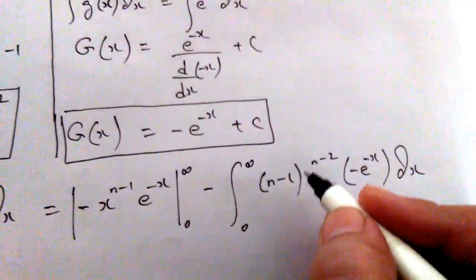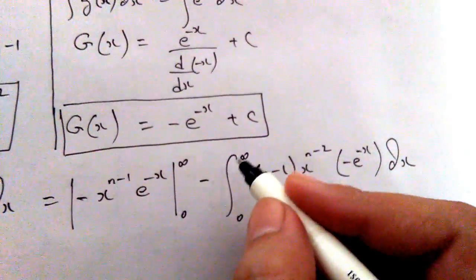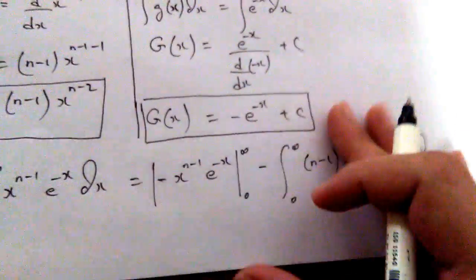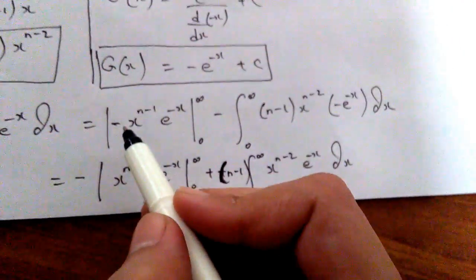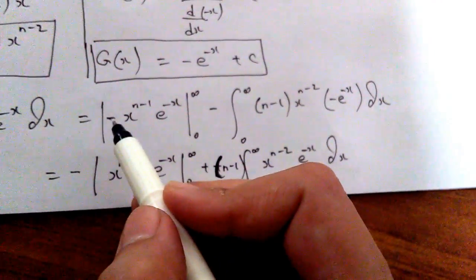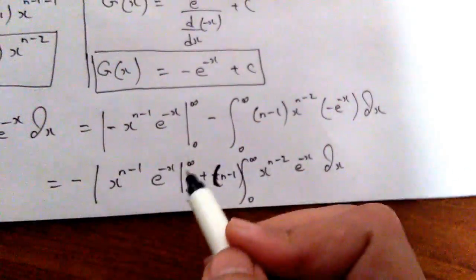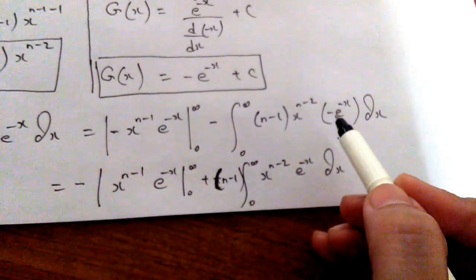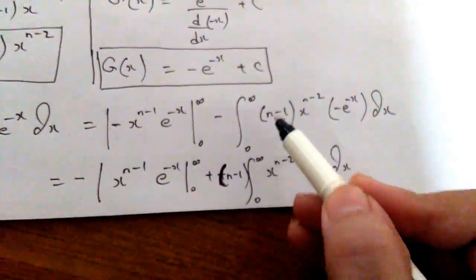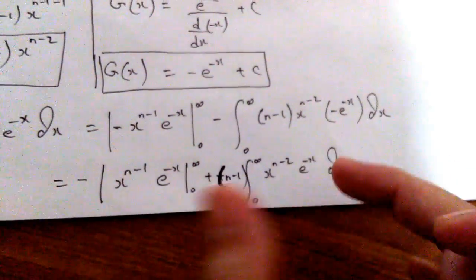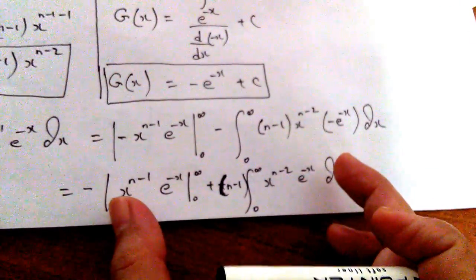And this is a constant value, so it is going to be written outside this integral. I have just placed this negative sign outside the mod like this, and then this negative and negative gives a positive here. The constant value, minus 1, is written outside the integral. So this is the step that we have just obtained.